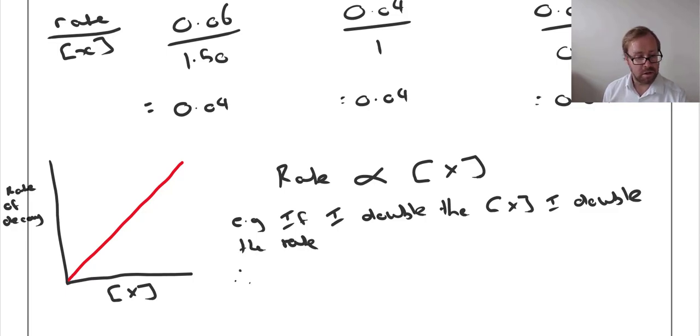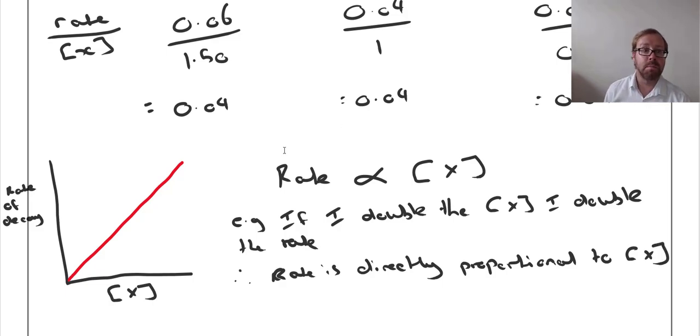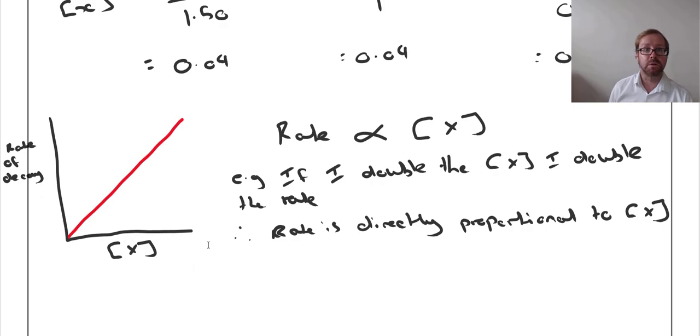Therefore, we can say that rate is directly proportional to my concentration of X. Okay, so this will become important later on when we start talking about order of reactions.